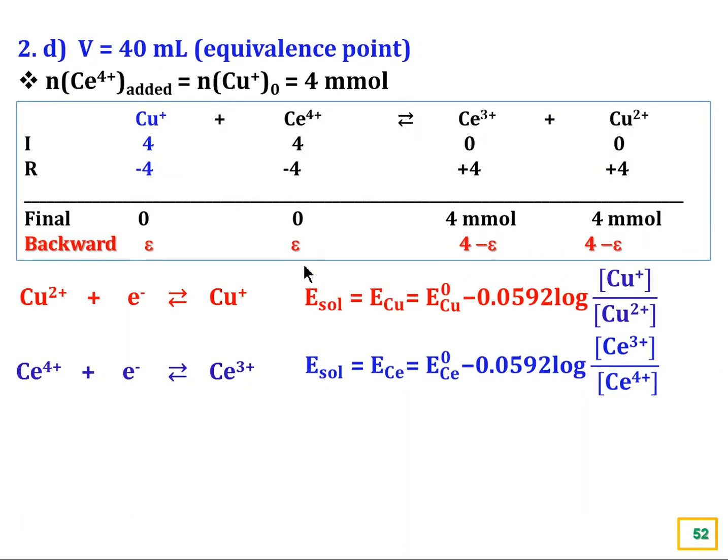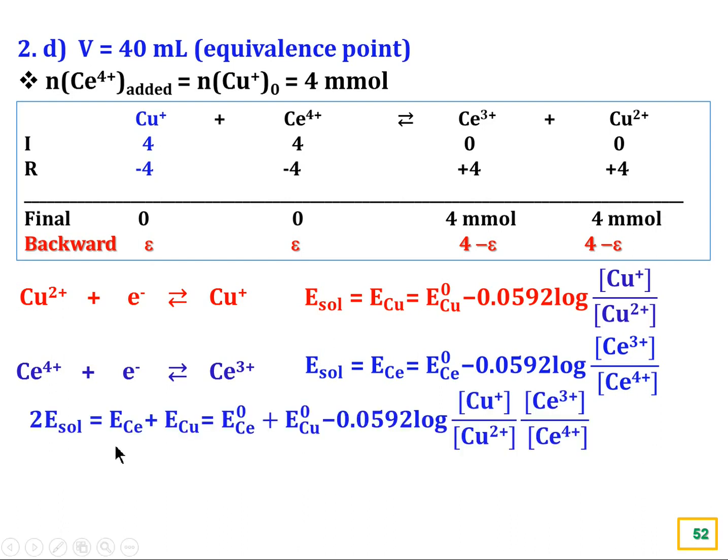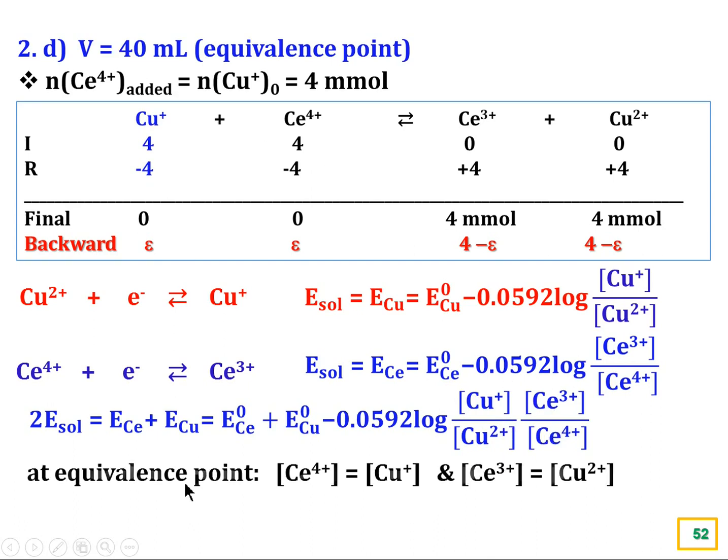So to avoid the calculation of epsilon, in order to calculate E of the solution of the couples, we add the two expressions. So we obtain 2E equals E0 Cu plus E0 cerium minus 0.0592 log of Cu+ divided by Cu2+ times Ce3+ divided by Ce4+, and all these concentrations are at equivalence.